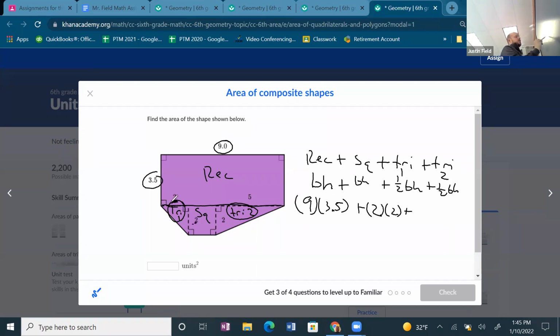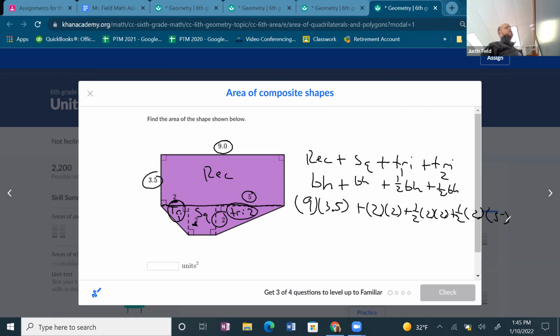Well, that has 2 2s as well. And then how about this triangle here? The base and the height are 2 and 5. All right, so now we're just gonna multiply all those together.